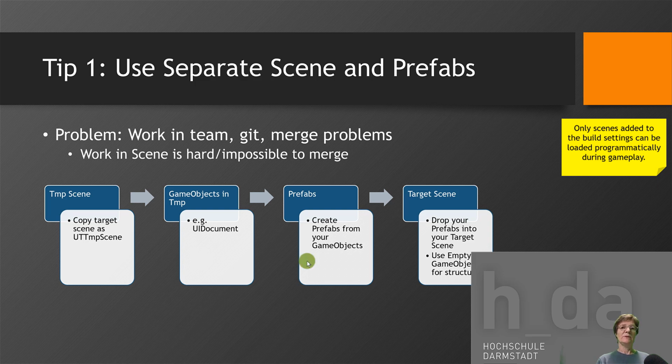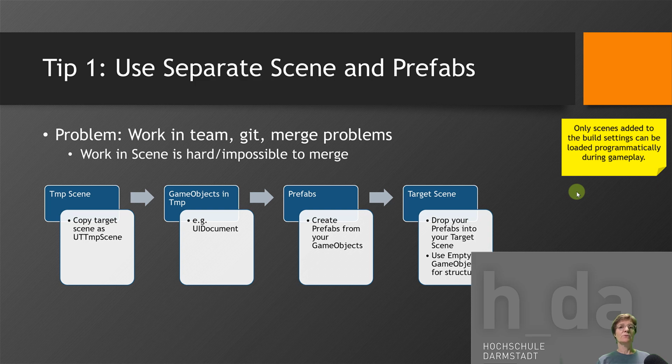Then when you reached a good state to share with others, you create a prefab from your game objects. Then you use the Unity editor to drop those prefabs or instances of the prefab into your target scene. If you have many game objects in a scene, use empty game objects to give it a structure.